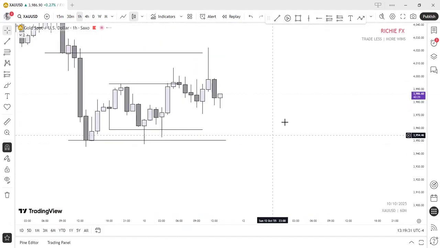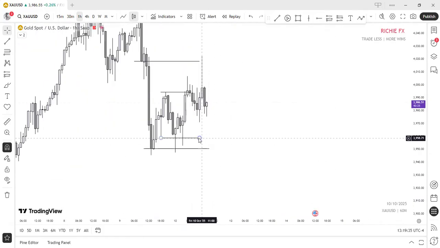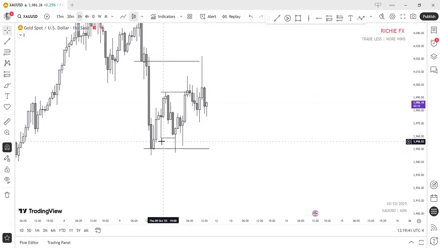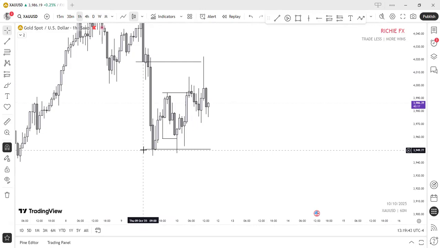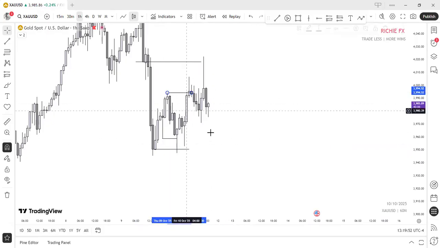On the H1 time frame, what am I going to look for? I'm going to look for a sweep of liquidity, then a break of structure. As you can see on H1, we had this one as a sweep of liquidity after the market reacted from this H1, H4 zone. After that, I saw that here we had a break of structure to the upside.